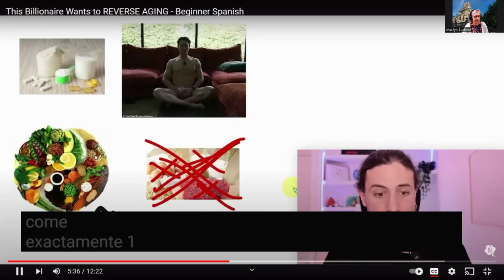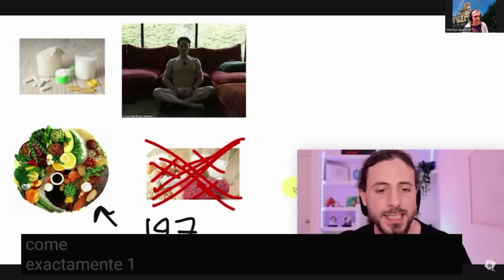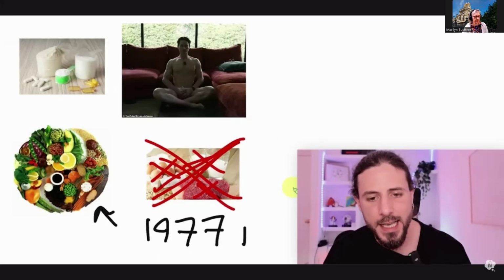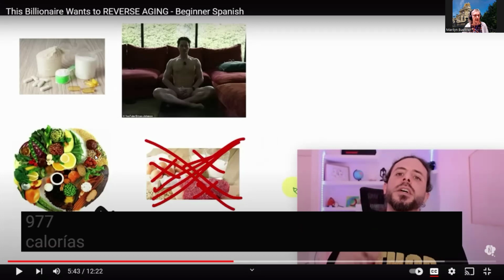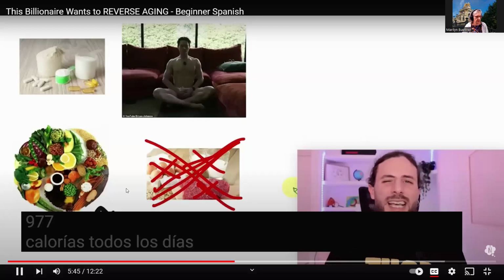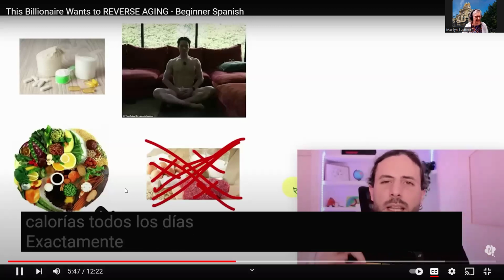Exactamente 1977 calorías. La misma cantidad de calorías. He eats the same quantity of calories every single day. Okay. 1977. ¿Por qué es un número mágico? No lo sé. I have no idea. Ni idea. Todos los días exactamente lo mismo. Sigamos.